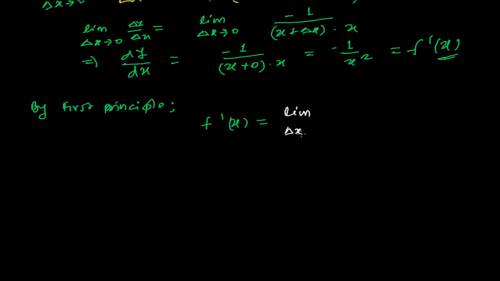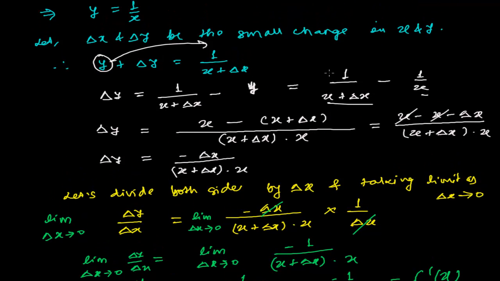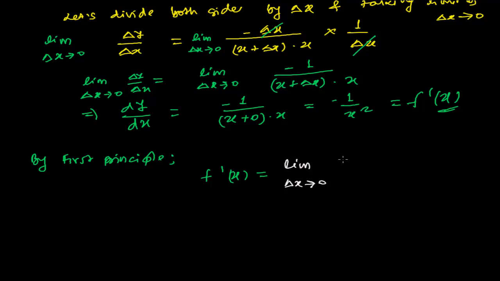Well, I'm going to do delta x tends to 0 here because this will give you more ease, because here also I had increased delta x. So that's why here also I'm increasing delta x. Delta x tends to 0. This is actually the formula, right?